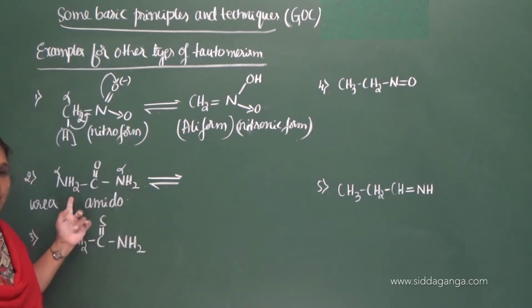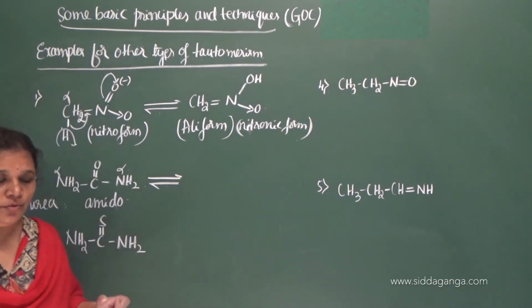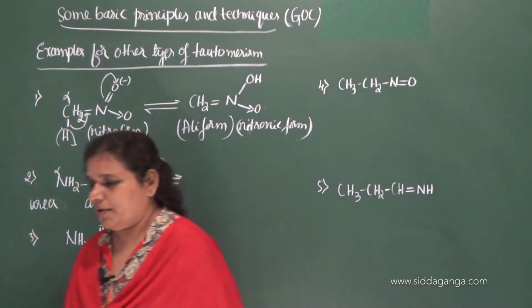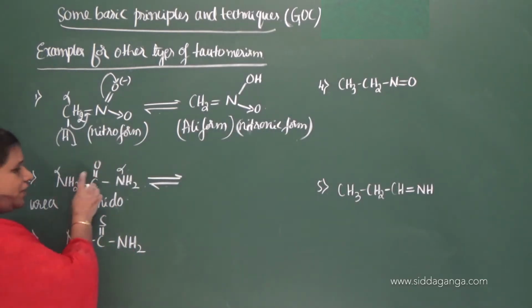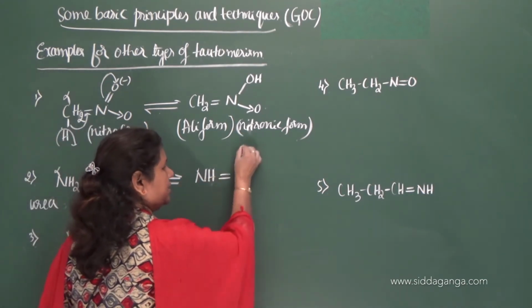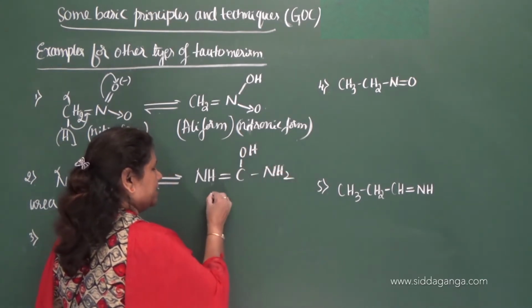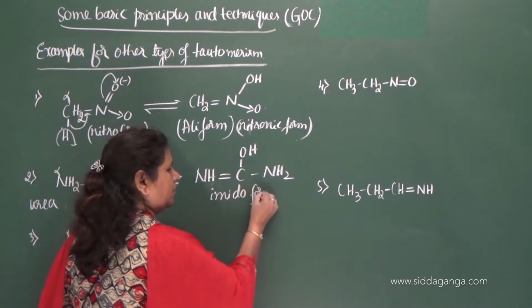So therefore these are alpha hydrogens. Four alpha hydrogen atoms are there, out of which one alpha hydrogen is shifted to the multiple bonded highly electronegative atom. The multiple bonded highly electronegative atom is oxygen. One of the hydrogen atoms shifts here and you get NH, C, OH, NH2. And it is called the imido form.